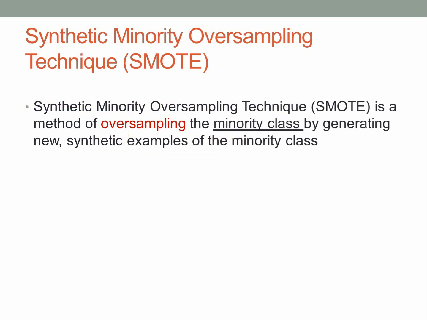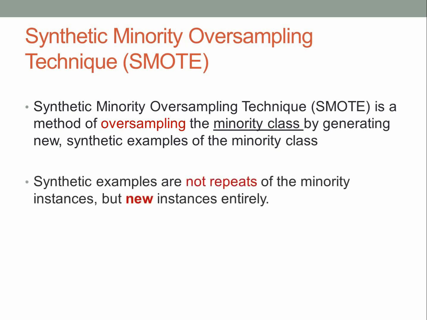But this time, it's not as simple as oversampling by duplicating the ones. What it tries to do is use the idea of the k-nearest neighbor concept. So instead of repeating the minority class, it generates new instances.